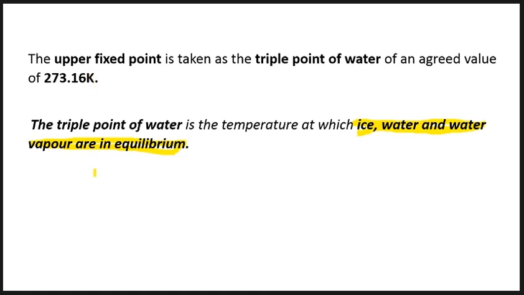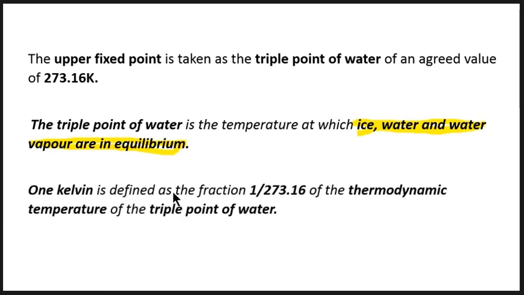What can we define a Kelvin to be? 1 Kelvin is defined as the fraction 1 over 273.16 of the thermodynamic temperature of the triple point of water. Please take note of this. This is the definition for 1 Kelvin. As simple as it is, it can be missed or omitted.